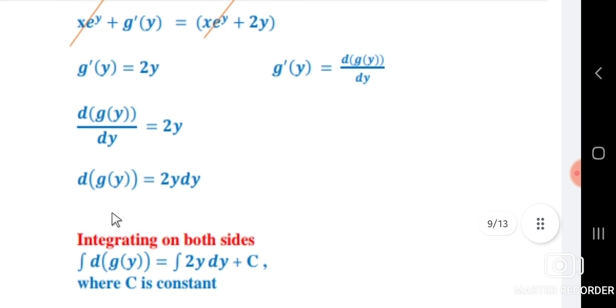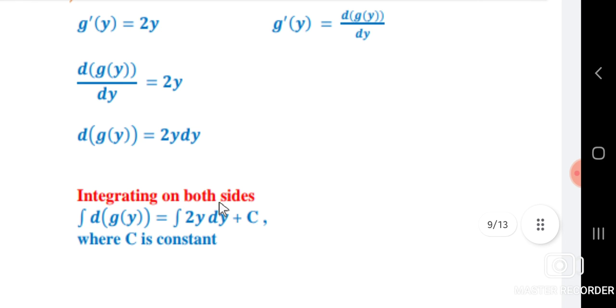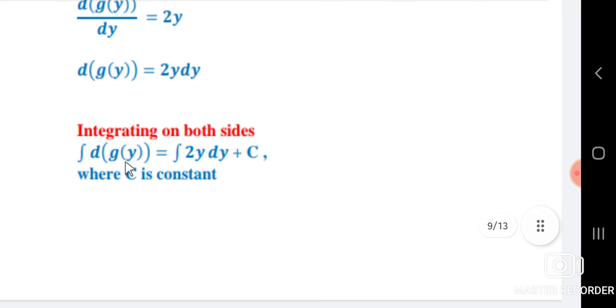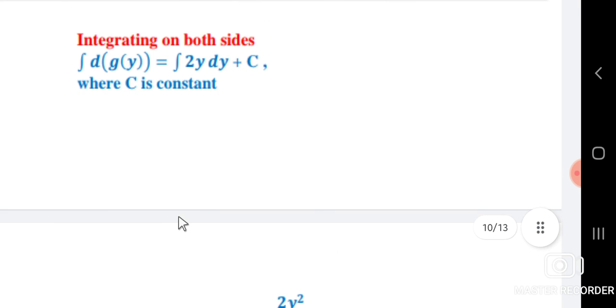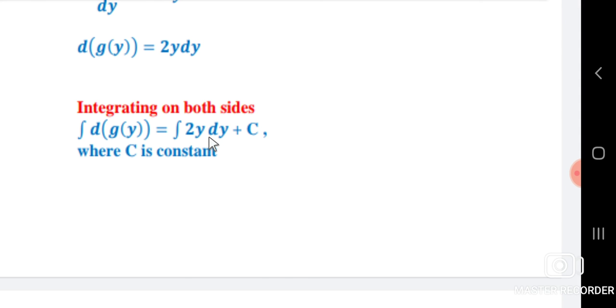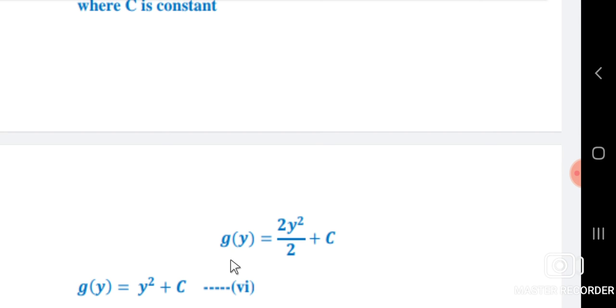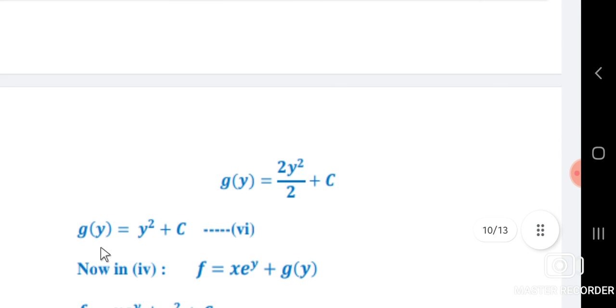Cross multiplying it, we get dg of y is equal to 2y dy. So integrating on both sides, here we have ordinary differential, and this is with respect to one variable, so we use the constant c only. So integration of dg of y becomes g of y, and integration of 2y dy is 2 into y square by 2. So g of y becomes y square plus c.